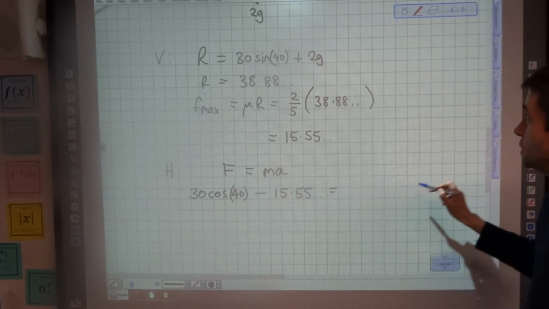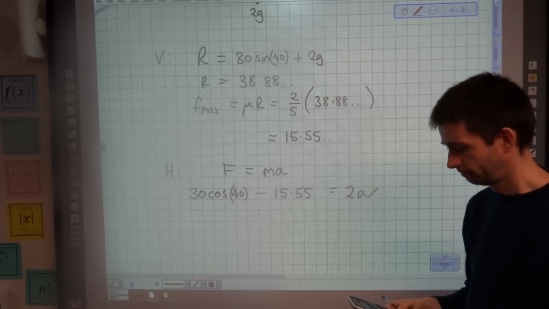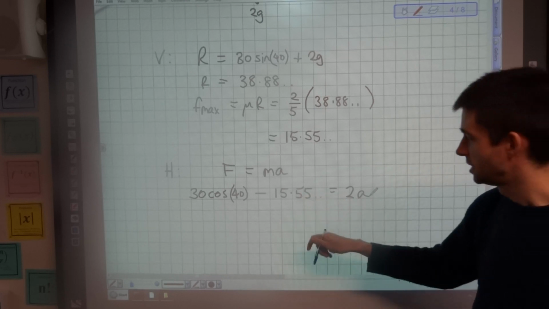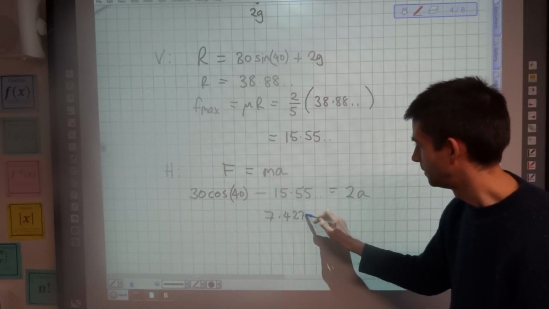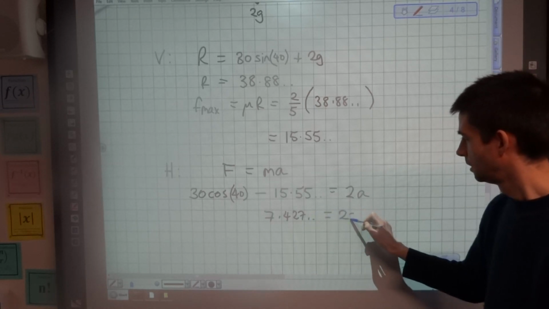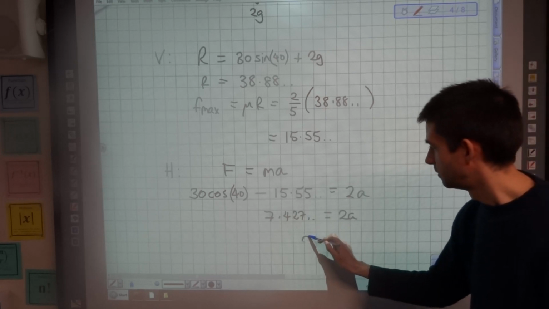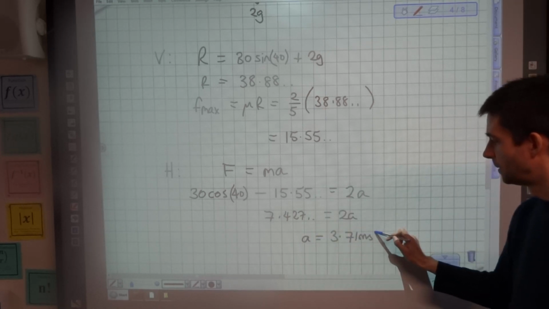Now that's equal to the mass, which was 2, multiplied by the acceleration. So 30 cos 40 minus this one here comes out as 7.427, and dividing by 2 and rounding to 3 significant figures, I get that the acceleration is 3.71 meters per second squared.